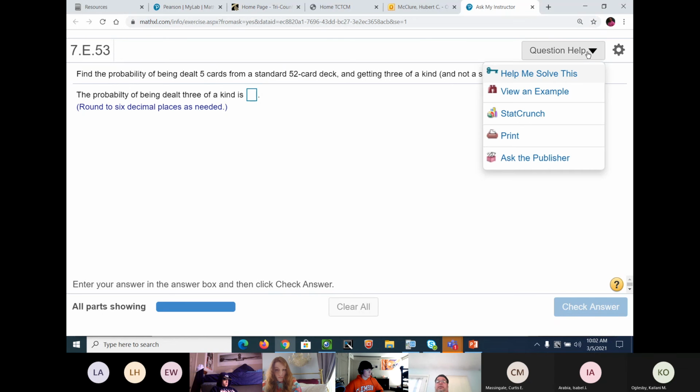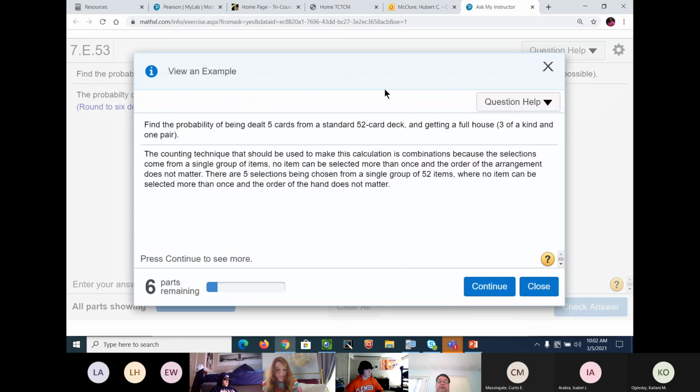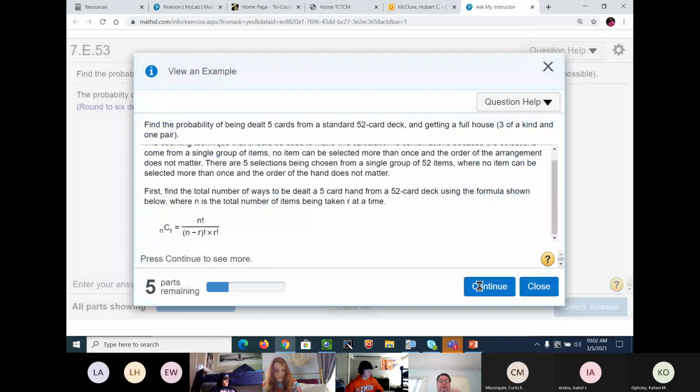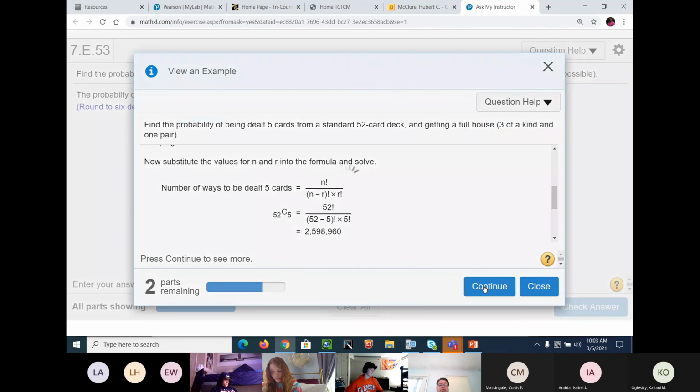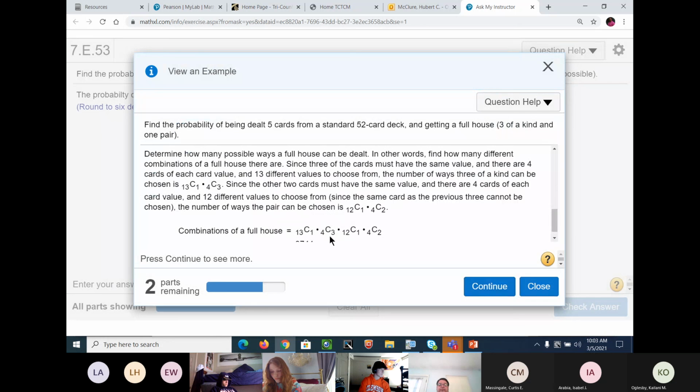No, it's a combination. 52 choose 5. But I don't see how you're going to do the three of a kind. I don't know how you're going to do that. There it is. Okay, they did it with combination.